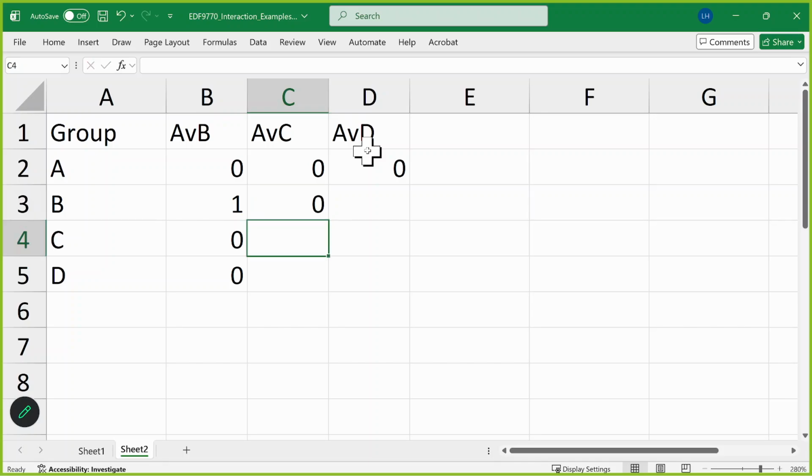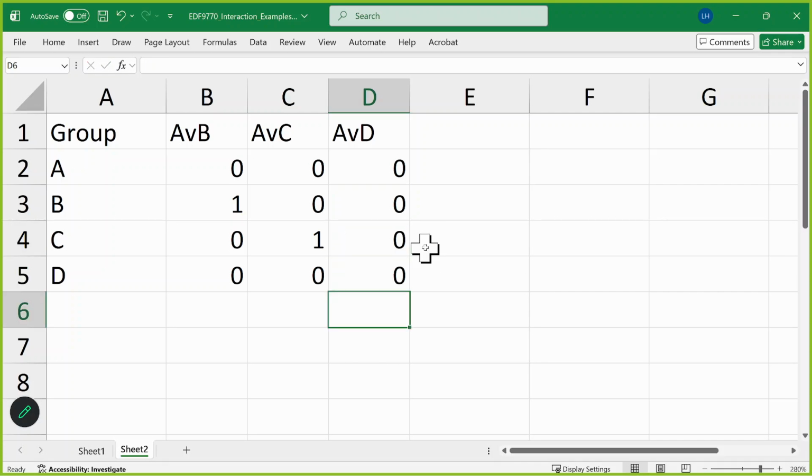What goes here? 1. And what goes here? Okay, we got this one. So if you use a factor variable in R, that's what it's doing for you. It's creating these columns. So then there's a 1 and only 1 spot for each one, which means that that category is compared back to the reference.